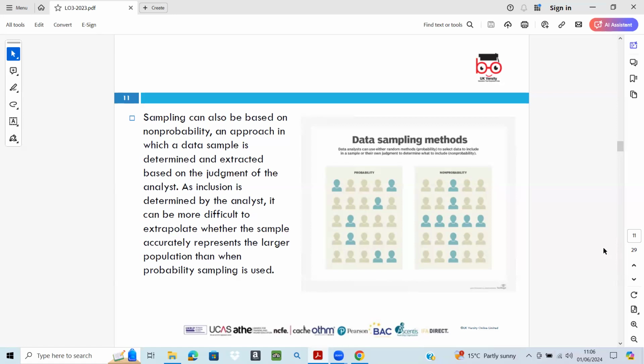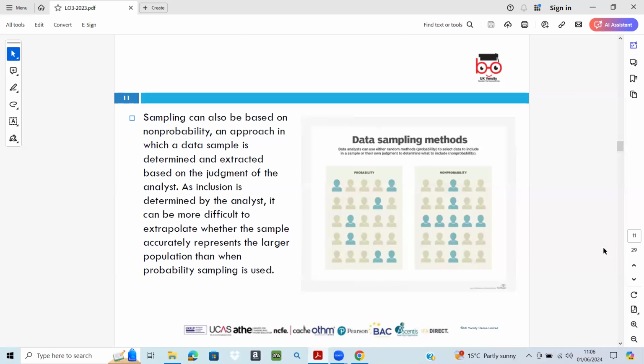Okay, so non-probability sampling is an alternative approach to data sampling, where the selection of data points is based on the judgment of the analyst rather than random selection. This method contrasts with probability sampling, potentially making it more challenging to ensure that the sample accurately represents the larger population.